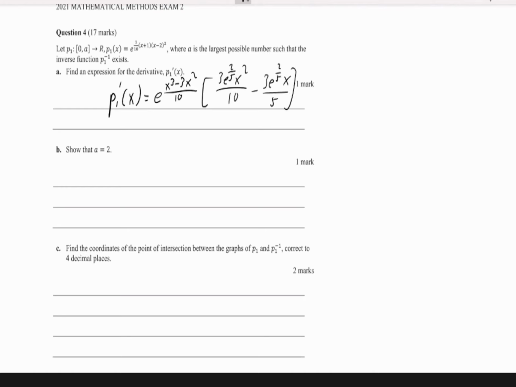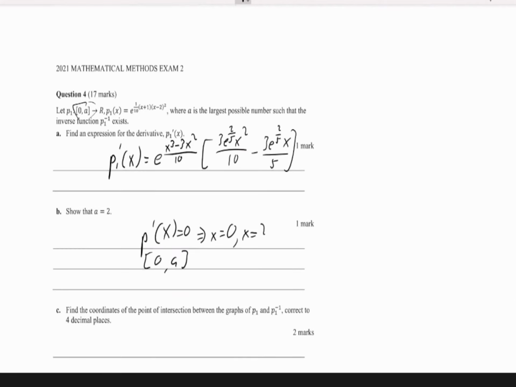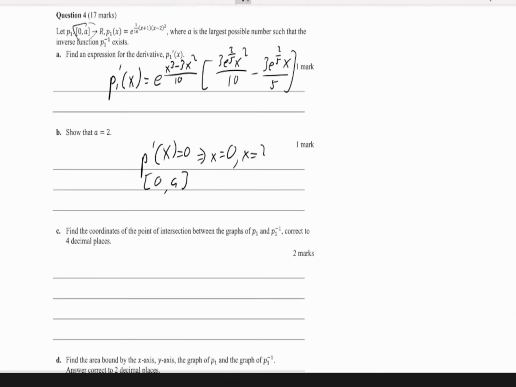That's the derivative. So to show that a equals 2, first of all, you have to show that P dash x equals 0, and then you get x equals 0 and x equals 2. Therefore, 0 comma a, which is our domain up here, equals 0 comma 2, and you can equate a to 2.